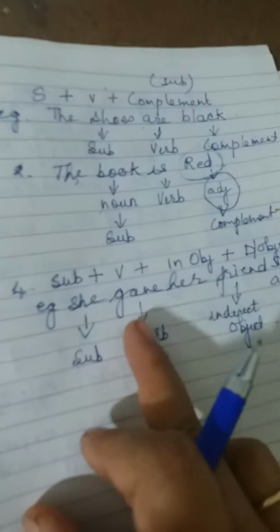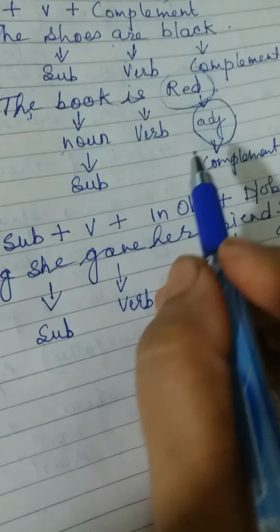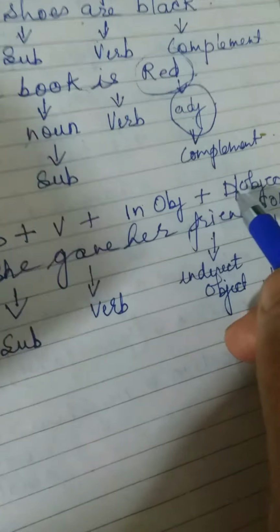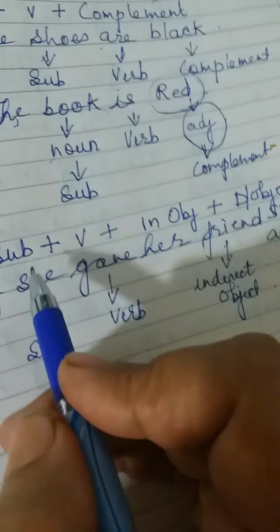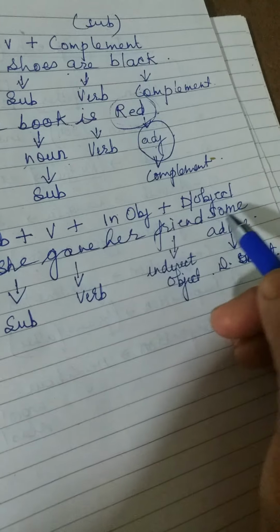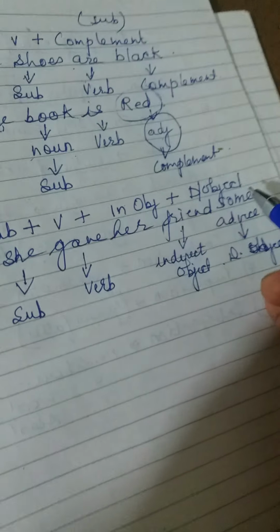I know that this becomes a bit confusing for you all. What is this pattern? This sentence pattern is subject plus verb plus indirect object plus direct object. The example I gave you: she gave her friend some advice.